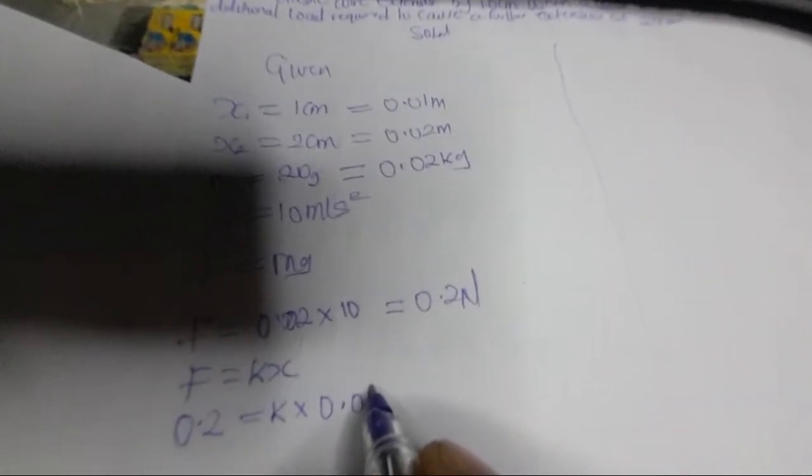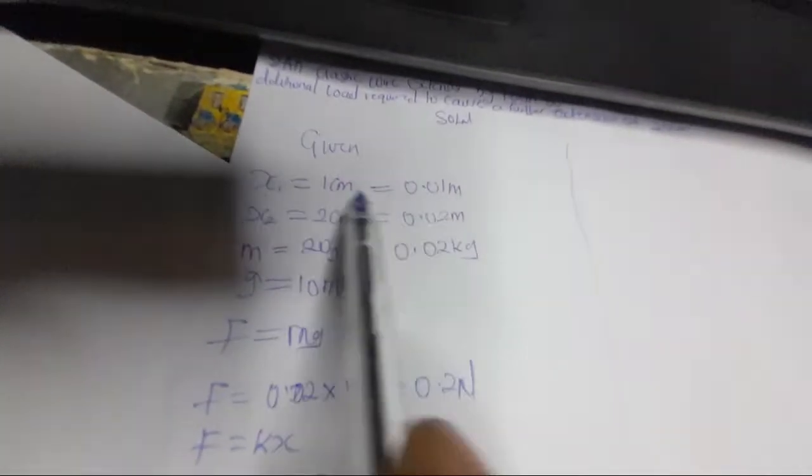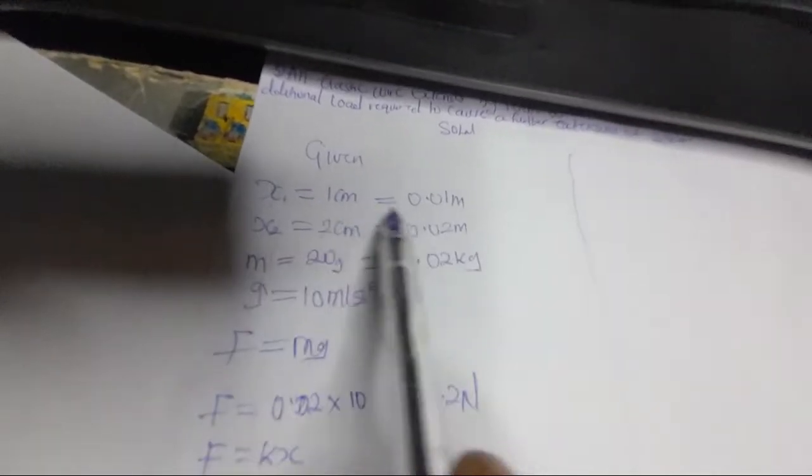We're going to have 0.2 equal to k times 0.01. That 0.01 is for the initial x1 we are putting in here. So when we do this, our k, the spring constant, will be equal to 20 Newton per meter.